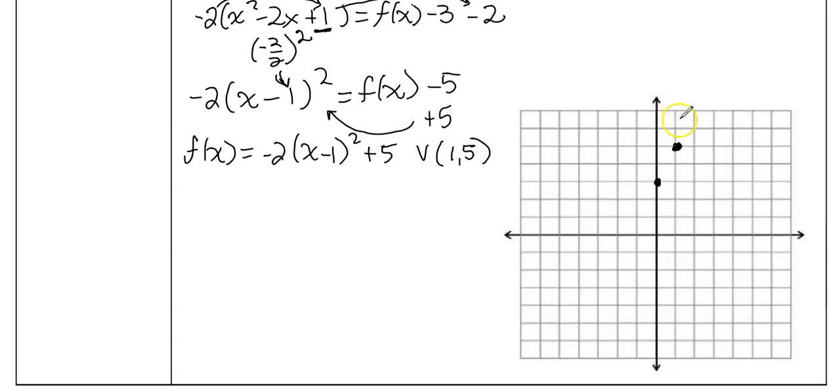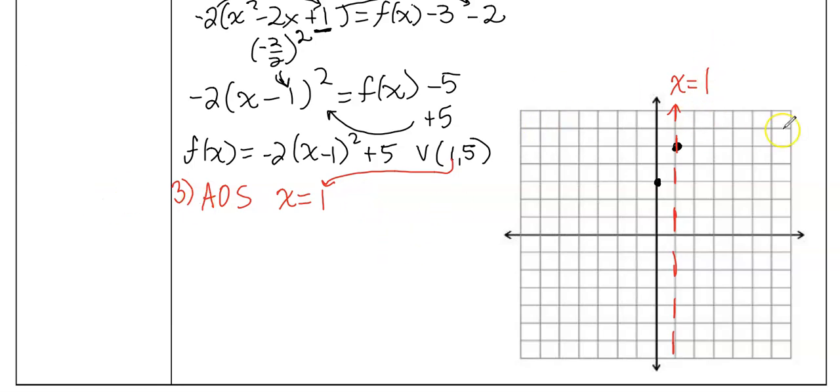Axis of symmetry passes through the vertex, so we're going to drop in our vertical axis of symmetry here. And that is crossing the x-axis at x equals 1. And so if I come over here, I say, okay, so my axis of symmetry is coming from my vertex where x equals whatever the x in my vertex is.